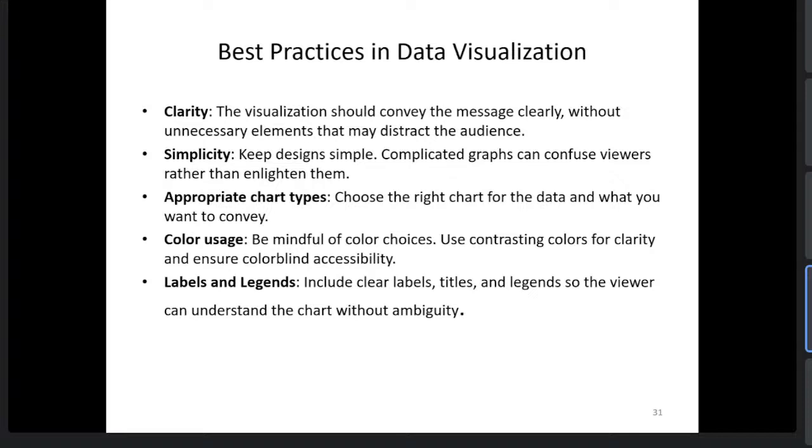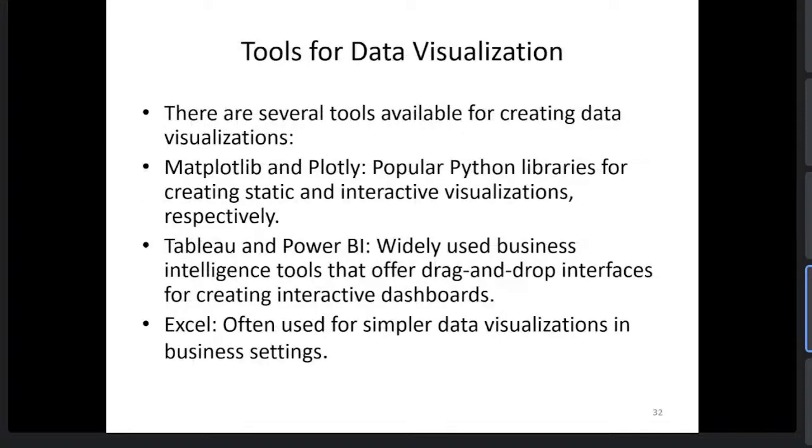So for data visualization, these are the things that we can use: simplicity, clarity, color, labels, legends, and so on. Now move to the next slide. So how do we visualize the data?